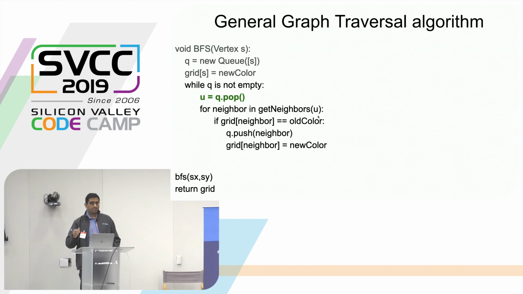This could be looking at all the neighbors in an explicit adjacency list, but it turns out that for graphs that are grids, you don't need an explicit adjacency list. If you know the coordinates or location of a vertex, you know what its neighbors are. You can just calculate them by using the coordinates of that vertex, right?